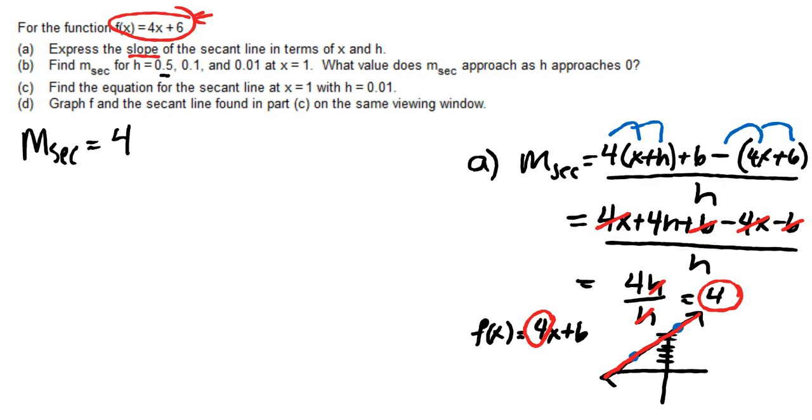So it's not dependent on what h is, and it's not dependent on what x is. So the slope of the secant line is going to be 4 for each one of these situations. So the value of the slope as h approaches 0 will be 4.